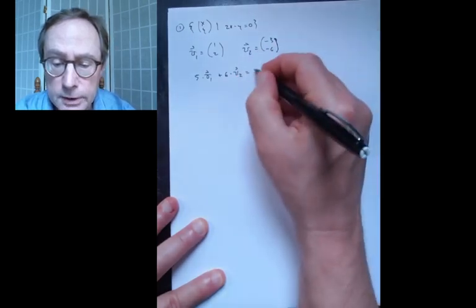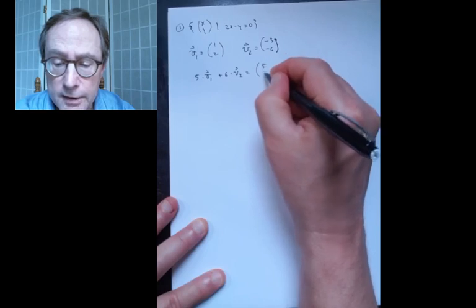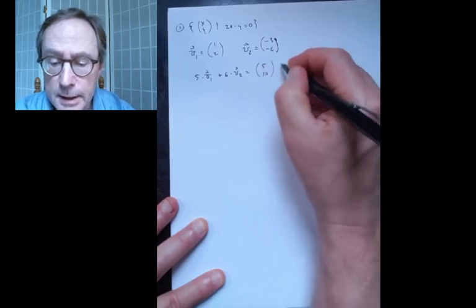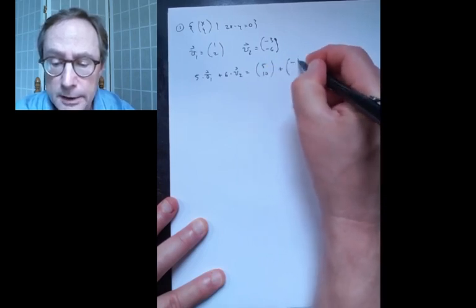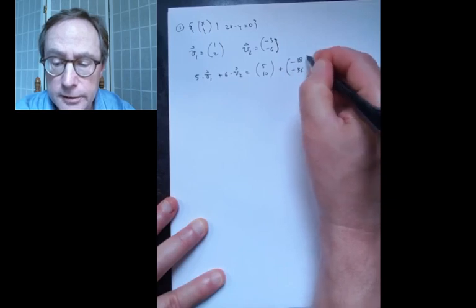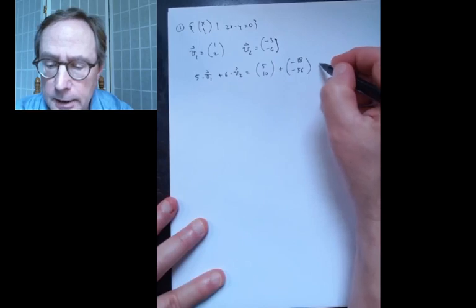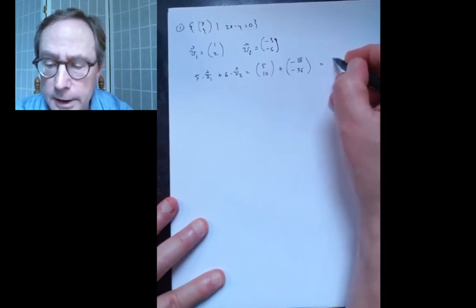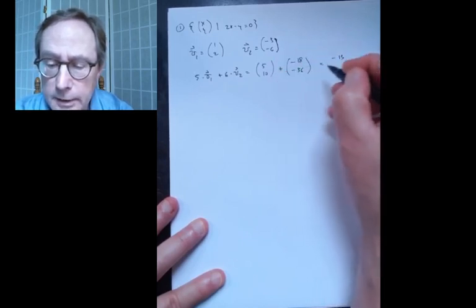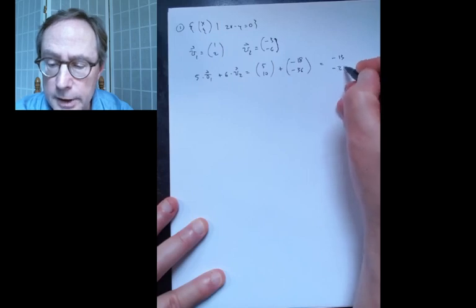So 5 times v1 is 5, 10, and 6 times v2 is minus 18, minus 36. And when you add them together, you get 5 take away 18 is minus 13, and 10 take away 36 is minus 26.